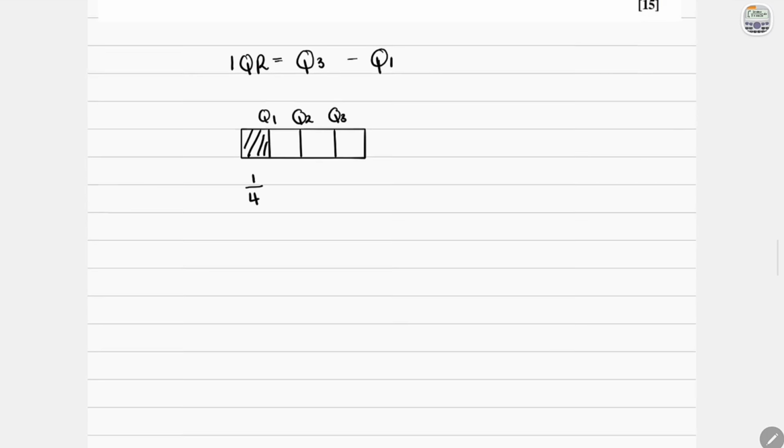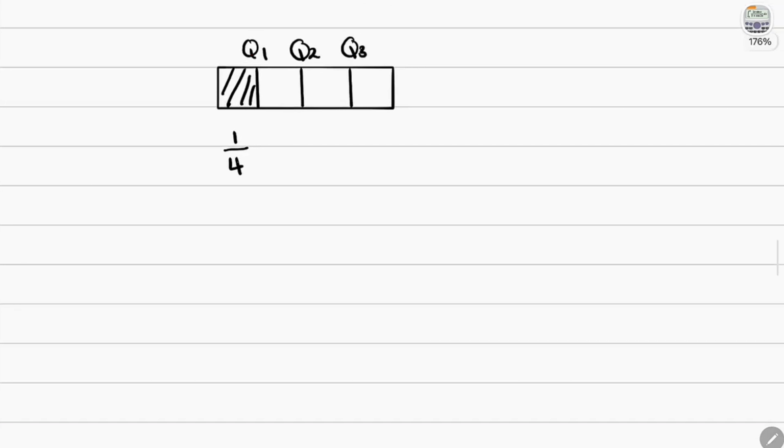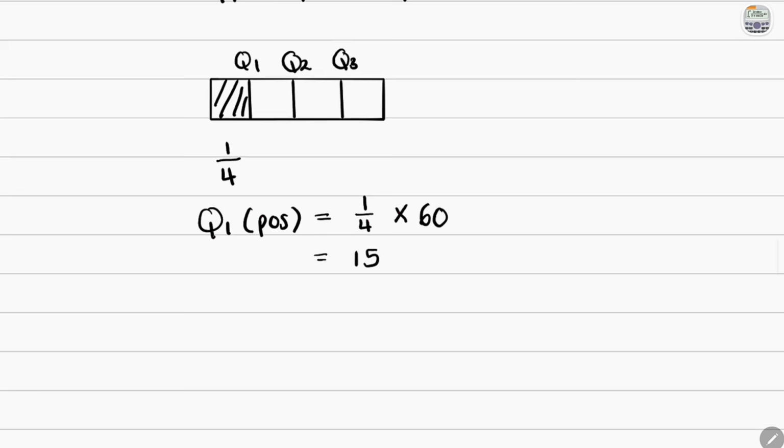To find the position of Q1, I'll just say position, so it's not the actual amount yet. We'll say 1/4 and then multiply by the total learners that we have. So 1/4 times 60 is like saying 60 divided by 4, which is 15. It means that Q1 would be marked at the 15th person.